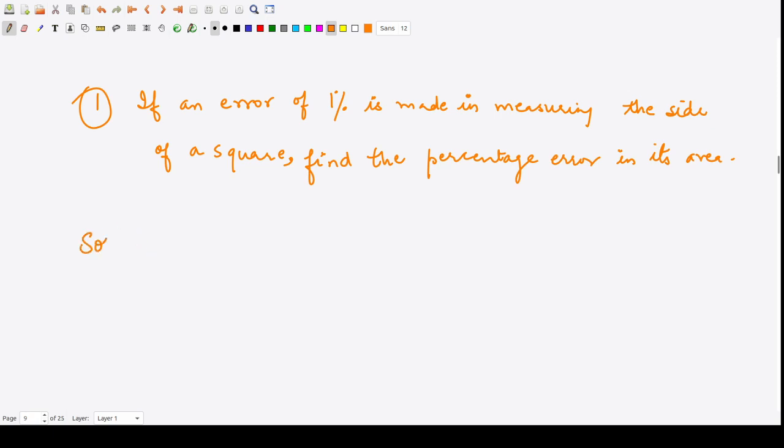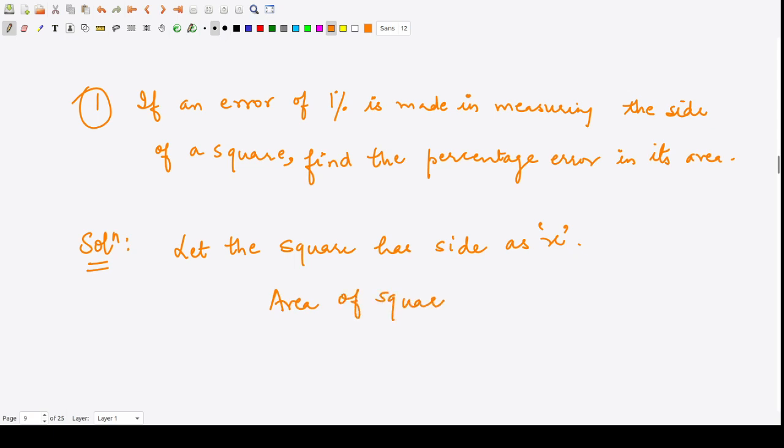Let the square have side x. This x represents the edge length of the given square. What would be the area of the square? Area A would simply be equal to x square.